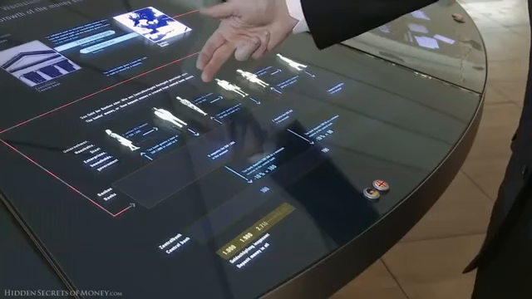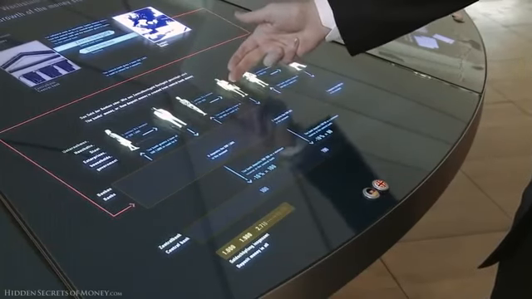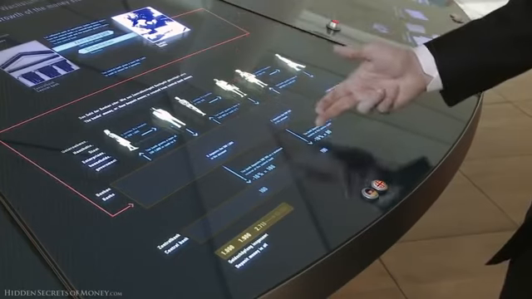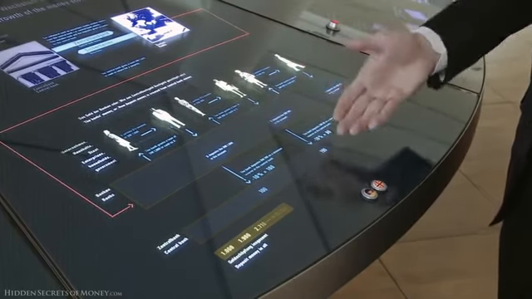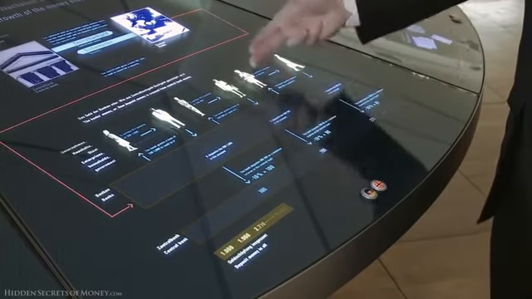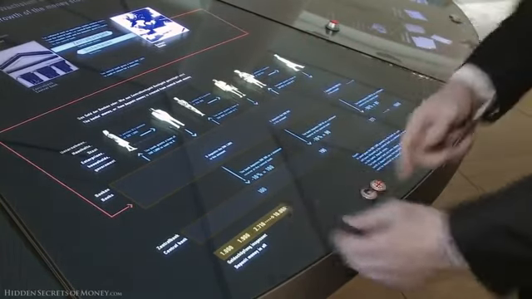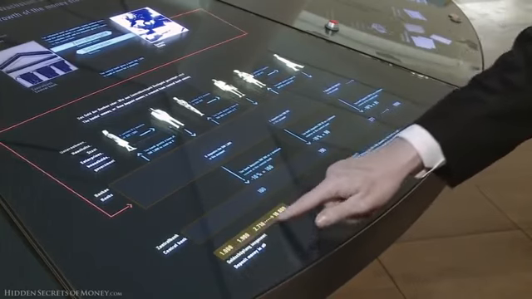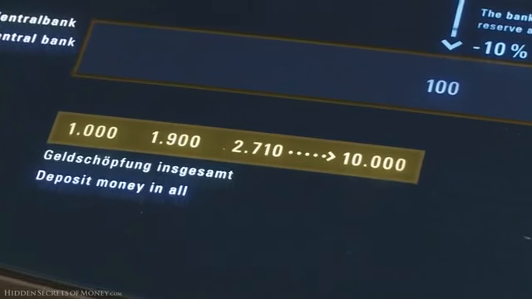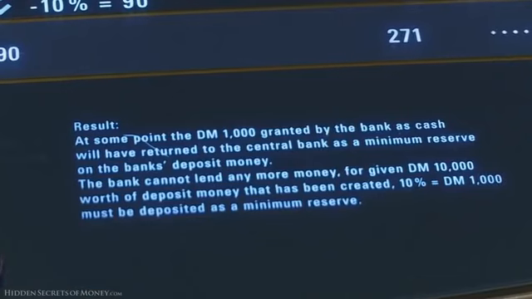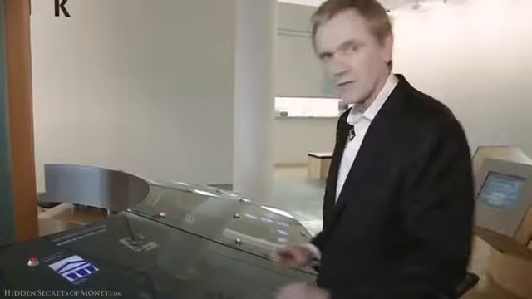And then they loan out 900, which then she buys something from this guy, he deposits the 900, they lend out 90% of that and leave just 10% on deposit for him, and the result is that it expands. Every 1,000 ends up creating 10,000, or every $1 creates $10. And they've got the result here. It's all sort of a voodoo hocus-pocus scheme.